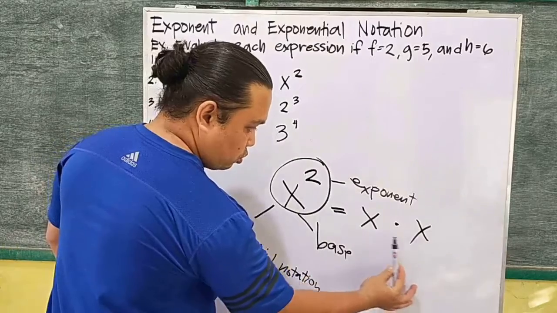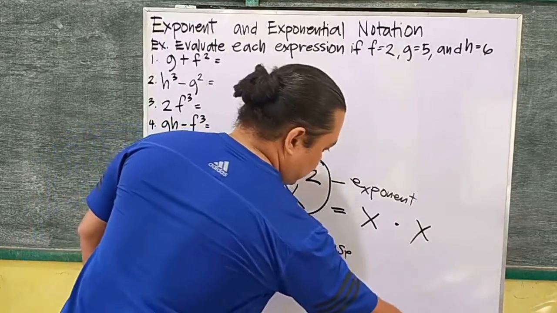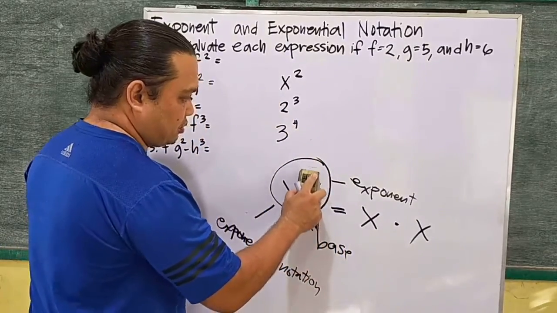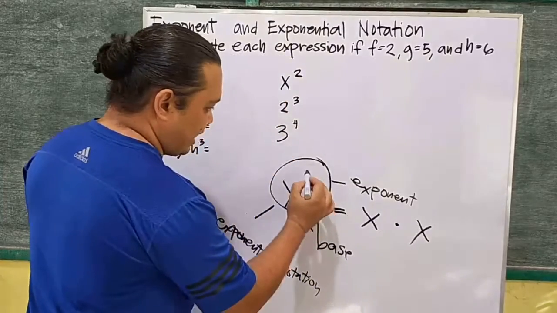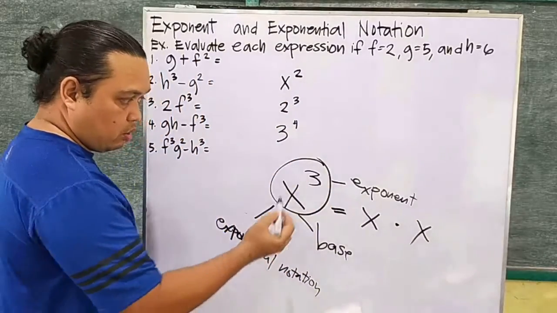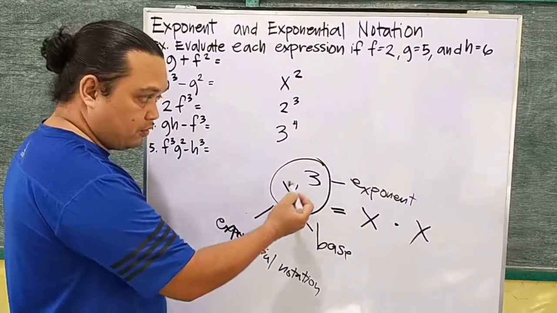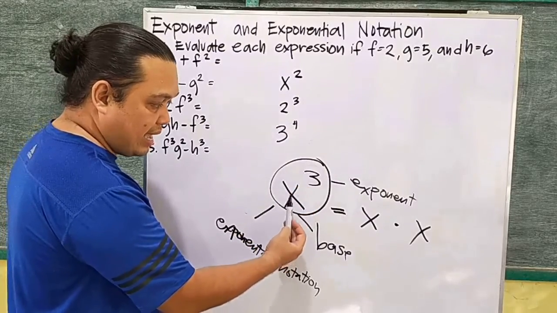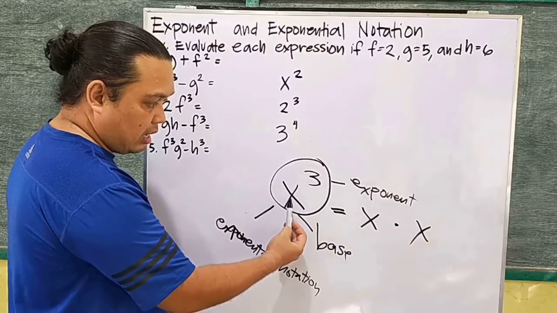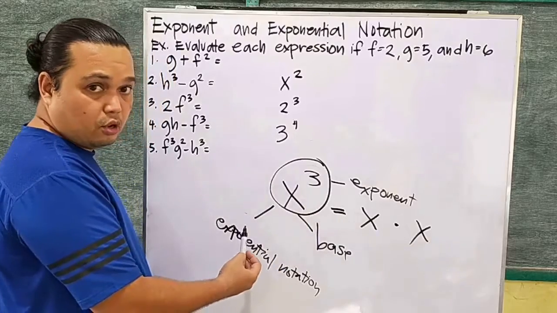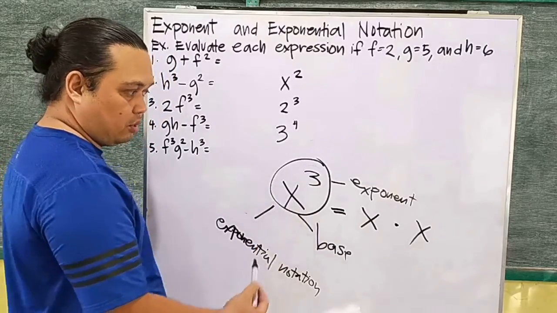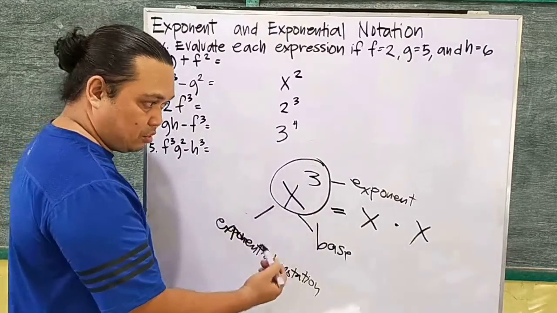1, 2. Now, if the power is, for example, 3, or x cubed, or x raised to the power of 3, we are multiplying x 3 times by itself, or using x as a factor multiplied 3 times.